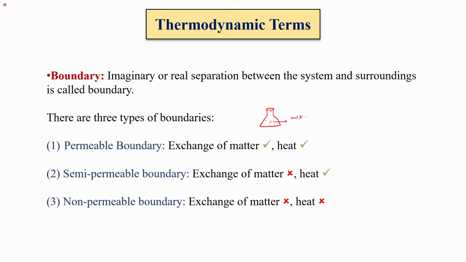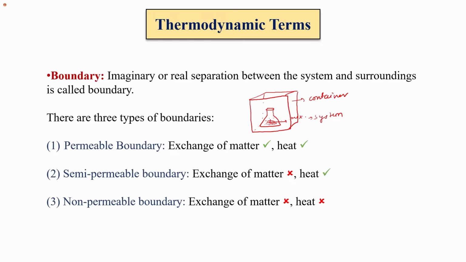This mixture is our system. Let's say we are carrying out this reaction in this container. So this is the container, and we are carrying out a reaction in this conical flask. This is our system.